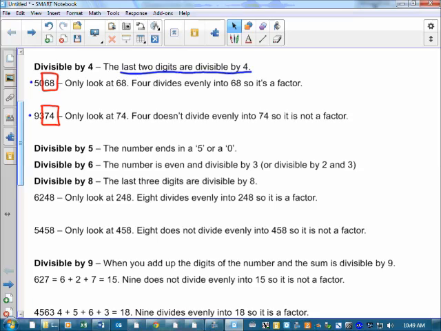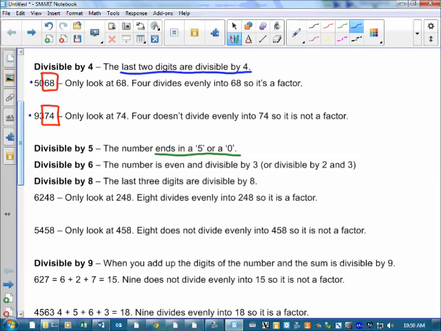Divisible by 5. This one's, again, another easy one. It ends in either a 5 or a 0. If it ends in a 5 or a 0, then it's divisible by 5. Divisible by 6. Again, this one is very, very easy.